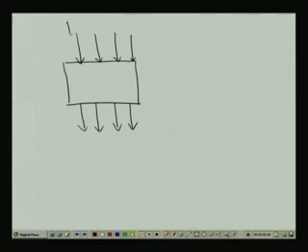Say these 4 inputs are I 0, I 1, I 2, I 3 and outputs are O 0, O 1, O 2, O 3.